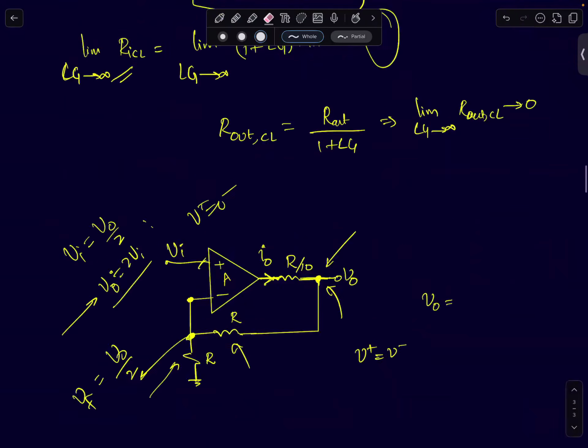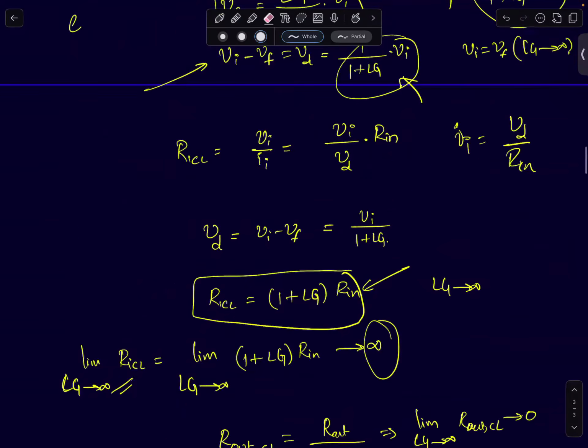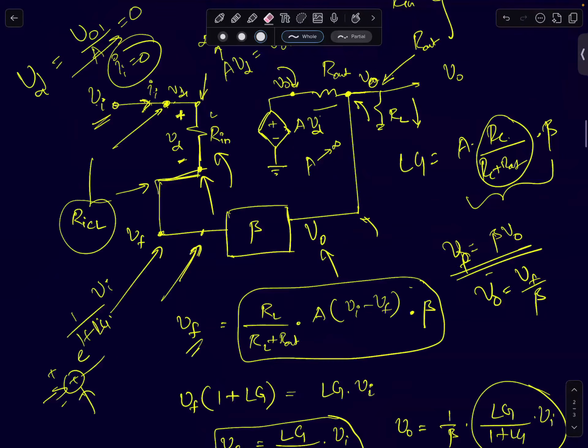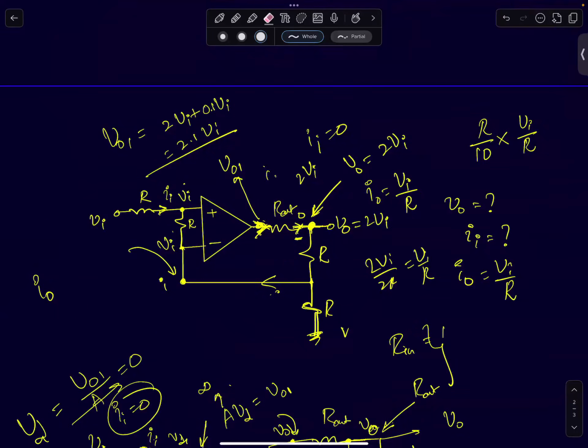Okay, guys, I'll move on to the next question. This is a very useful problem which tests your understanding of input and output resistances of an op-amp. If you have any doubts, ask me now, and I'll move on to the next problem. Okay, it was clear, right?